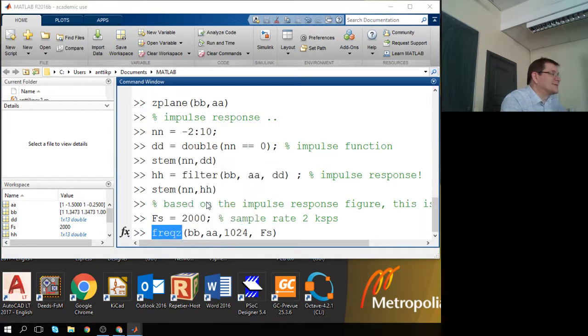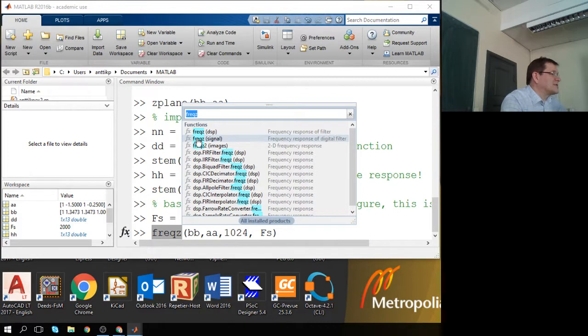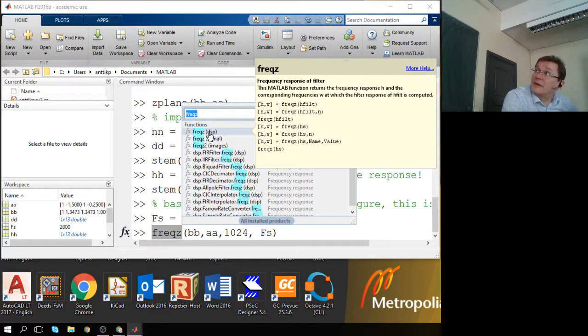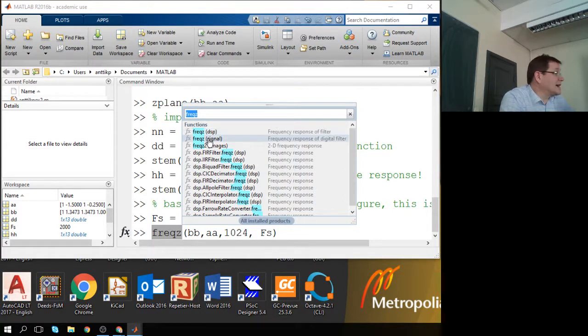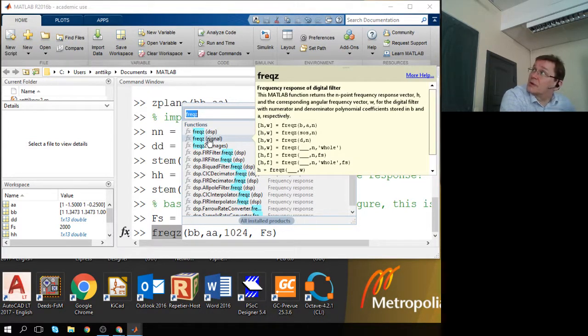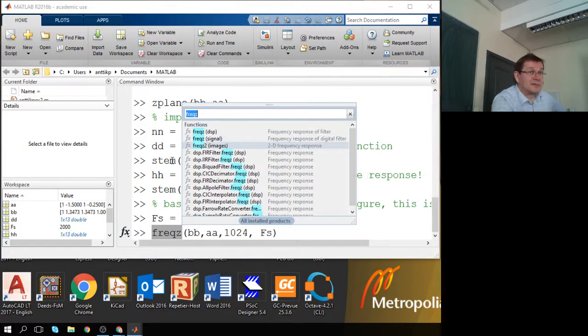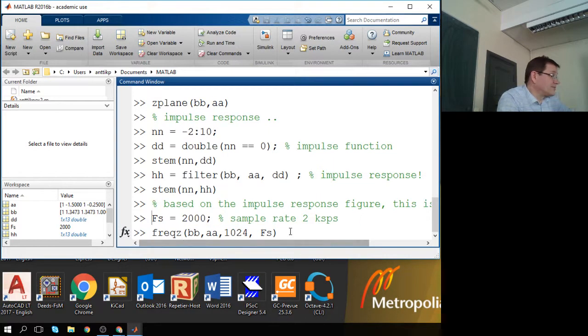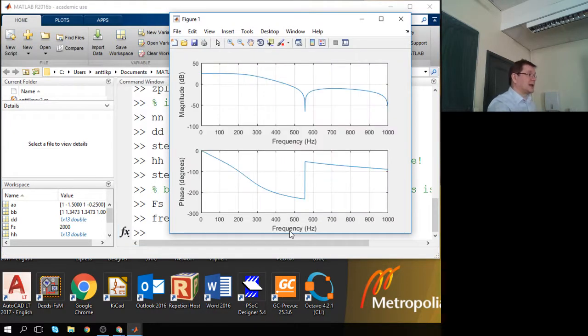Function browser. Yeah. There are actually 2 different freqz functions. One is in the digital signal processing toolbox, and another one is in signal processing toolbox. And I'm using the signal processing toolbox type. Okay, but anyways, there you go.